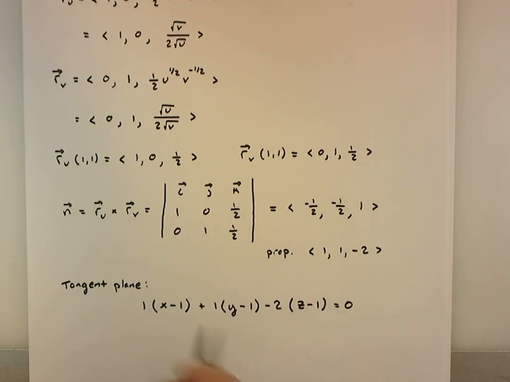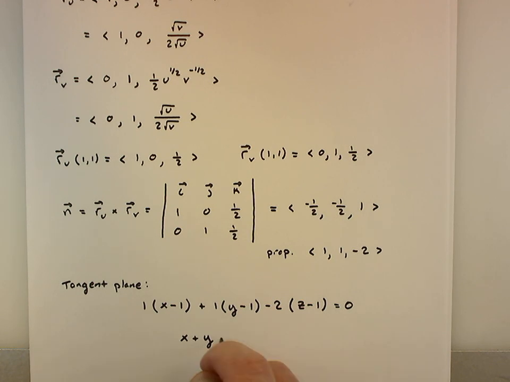If you simplify this, you'll end up with x plus y minus 2z is equal to 0.